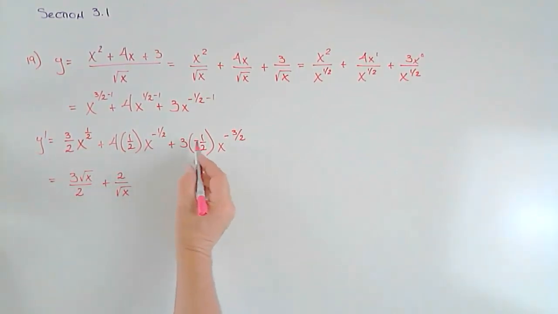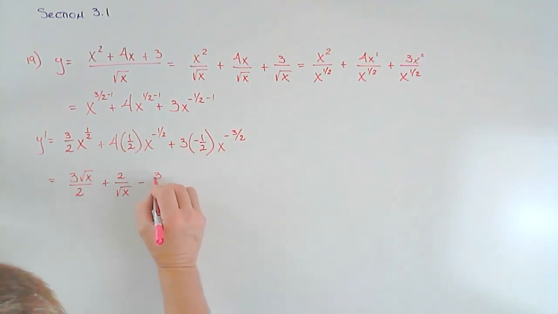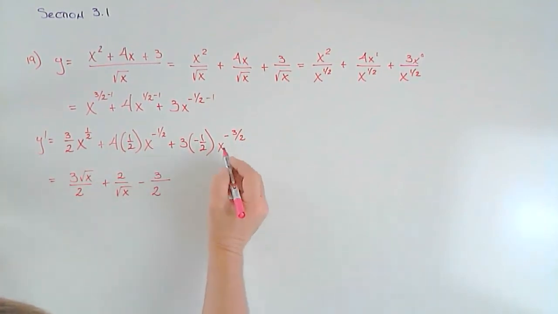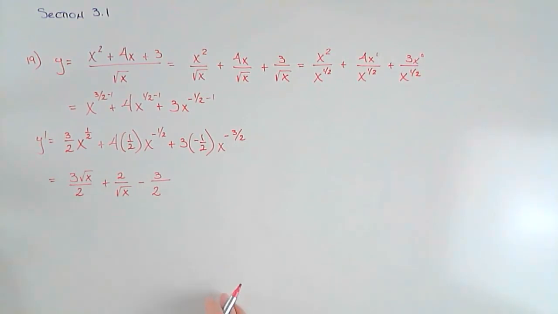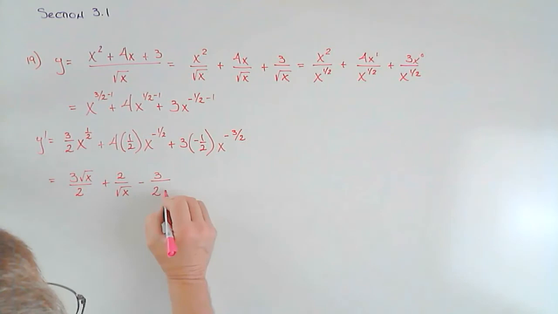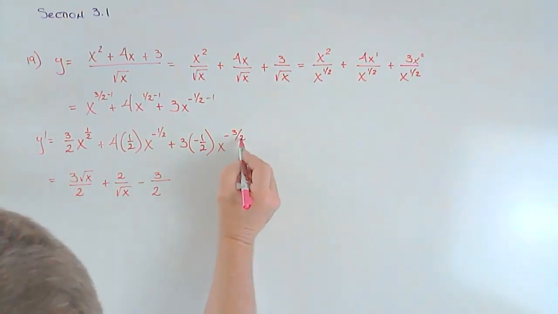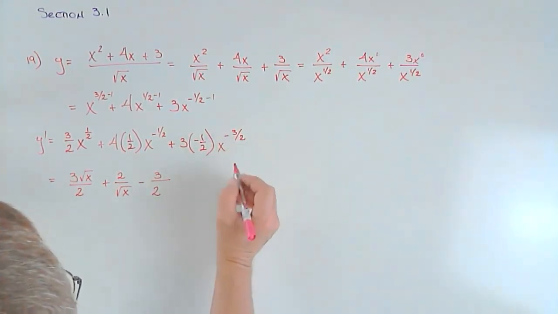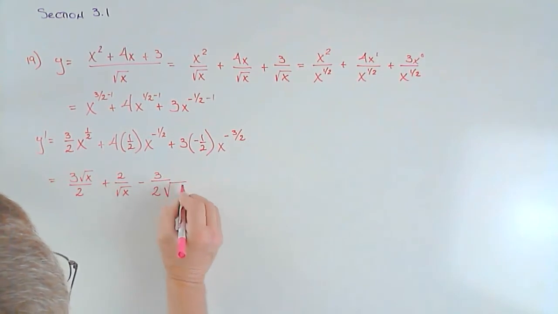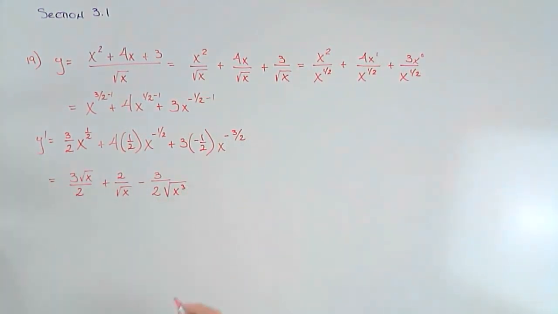Here we get minus 3/2, and we multiply that out. And this is x to the negative 3/2. 1/2 is the radical, 3 is the power. So that's going to be the square root of x cubed. You don't need to get a common denominator.